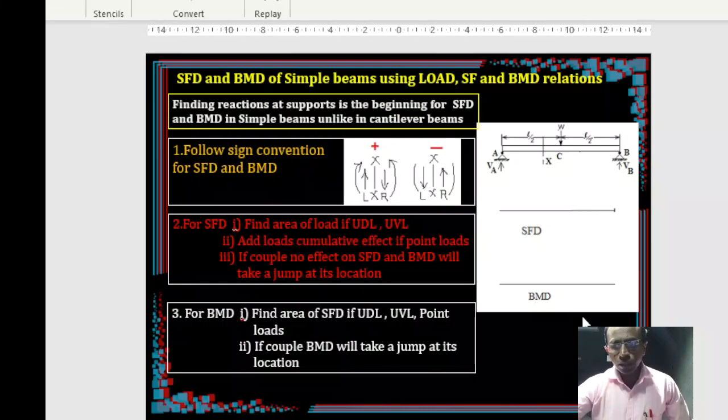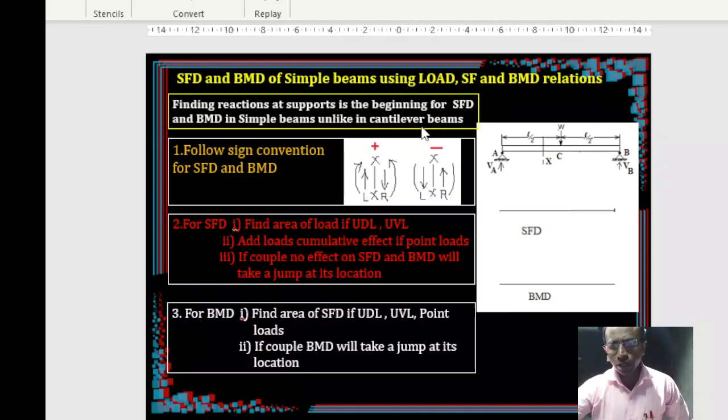So for the construction of the bending moment diagram, the first requirement is the calculation of the support reactions, right? I have discussed this in the previous sessions, in the topic on the evaluation of support reactions in simple beams.